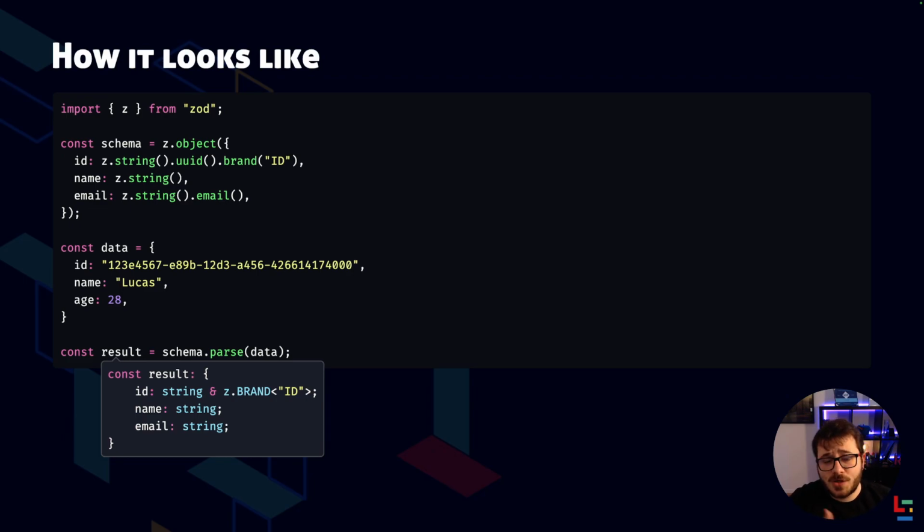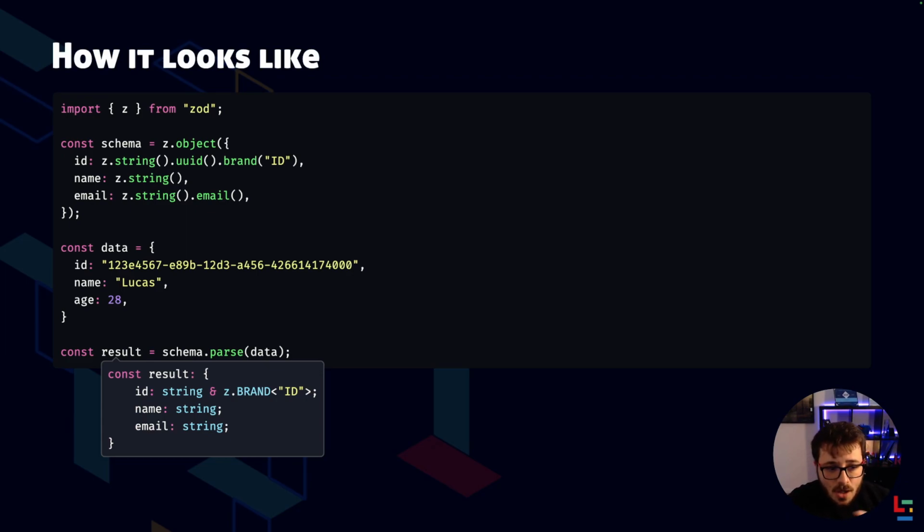It has transformers, custom validations. It also has built-in validators like UUID, dates, emails, URLs, and a lot of other stuff. And the good thing is that everything else that you create in this schema is going to be transferred and converted into a TypeScript type, so you don't have to type it all again, right?